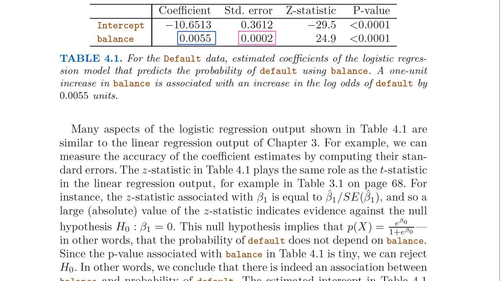And that's what's giving you the 24.9. And this is where you get such a low p-value. By the way, when you see Z in data science, it's usually the standard normal distribution.